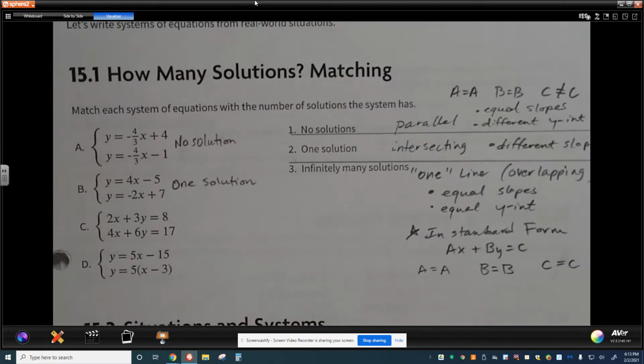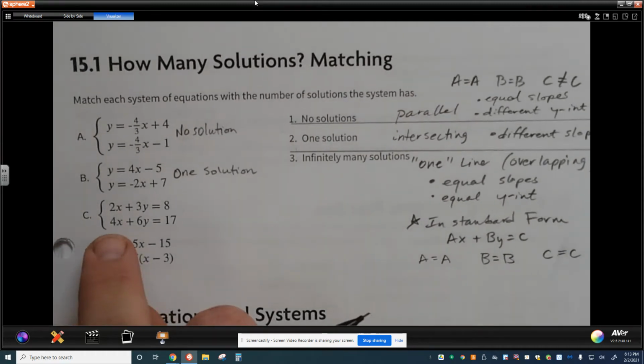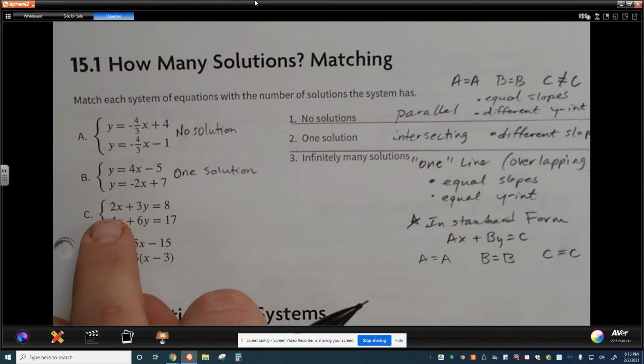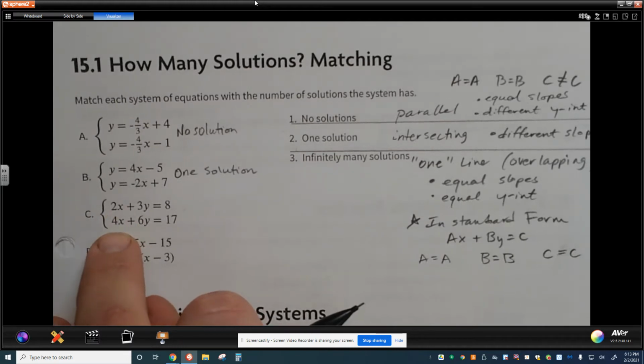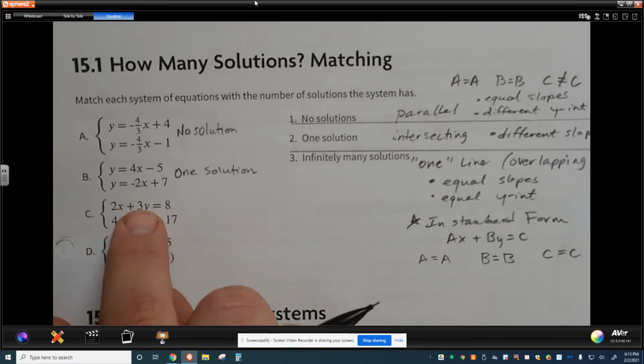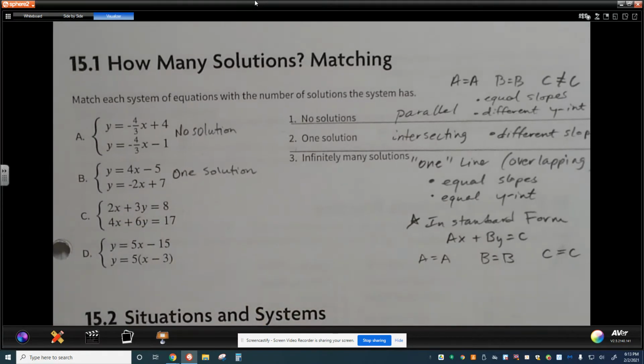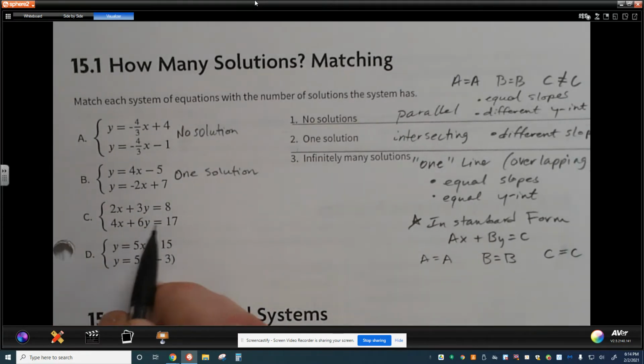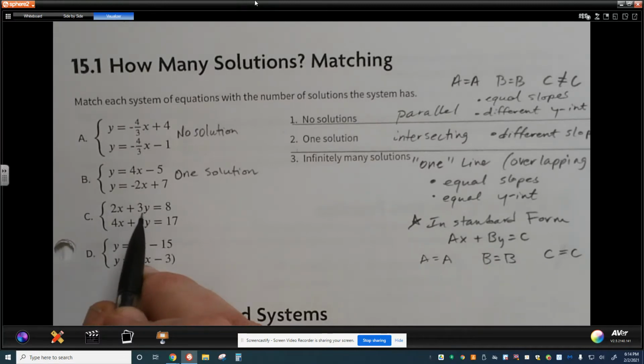Letter C looks a little bit deceiving. Right now, we see that A and B and C are not equal to each other at all. But we also can see something else if we look a little closer. We look at 2x and 4x, and then we look at 3y and 6y. What we'll notice with this is that the second equation, at least in the A and the B, is twice the value of the first equation.